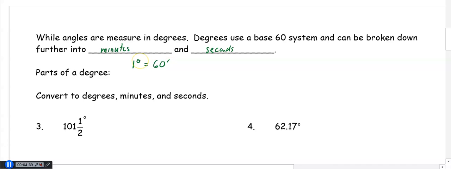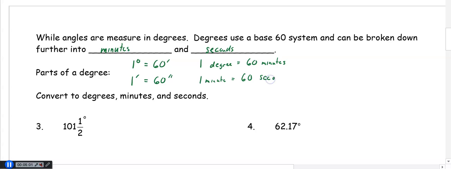So that circle is going to represent degree, and the apostrophe is going to be minutes. So we know that 1 degree is equal to 60 minutes. We also know that 1 minute is equal to 60 seconds.